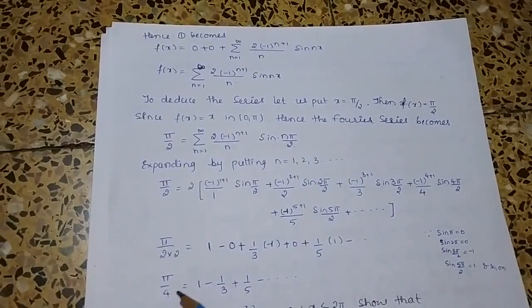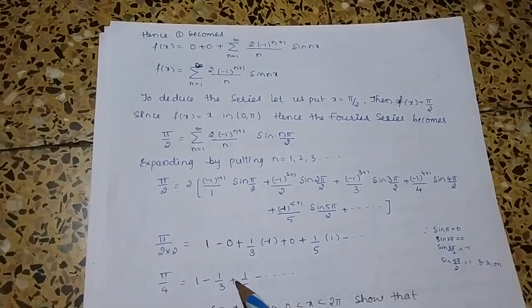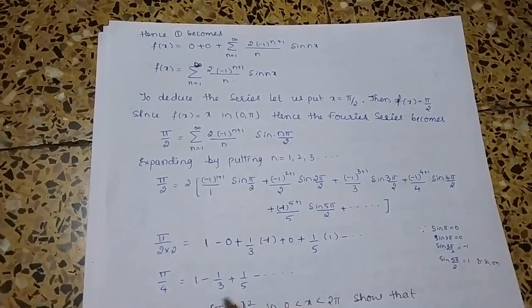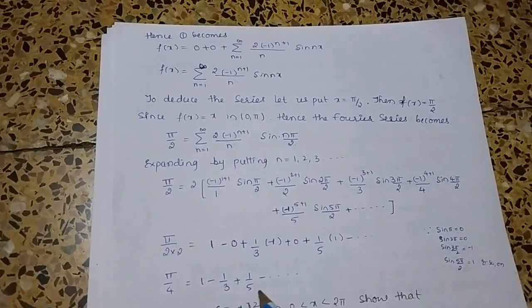That is, pi by 4 equals 1 minus 1 by 3 plus 1 by 5 minus so on. This is the required series.